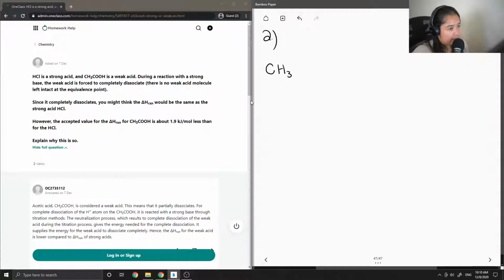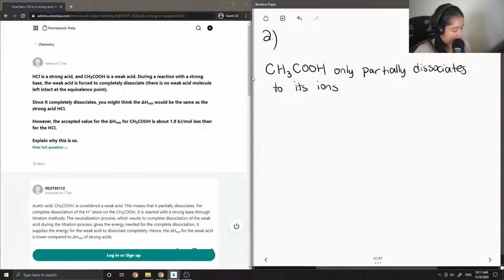Okay, so because we know that acetic acid is a weak acid, this means that it only partially dissociates to its ions. I'm just going to show the dissociation of acetic acid to the acetate ion plus a proton.